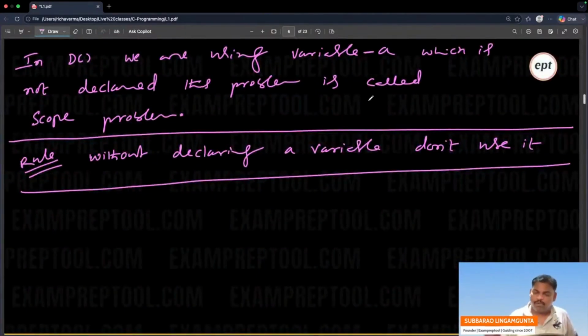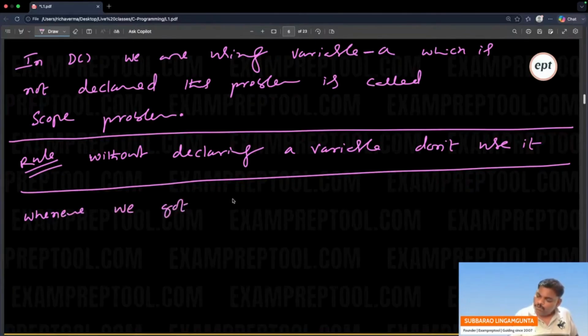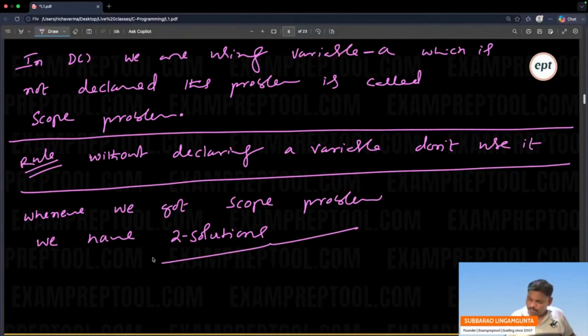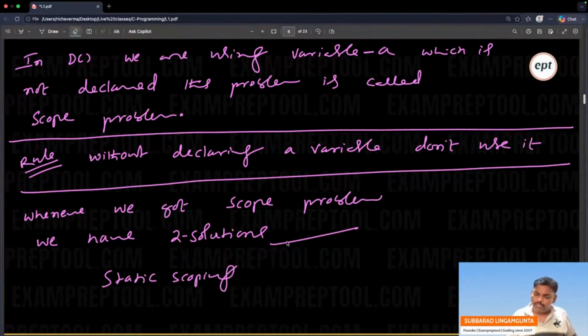Listen everyone. Whenever we get a scope problem, we have two solutions.